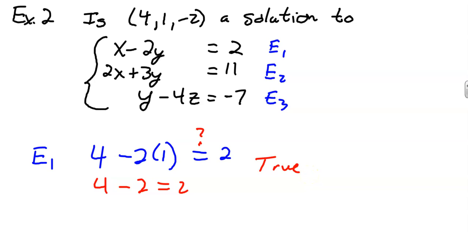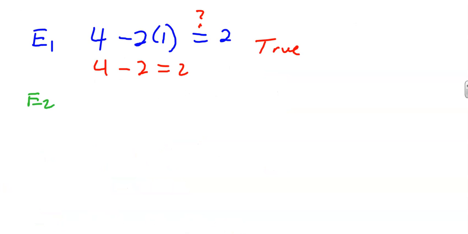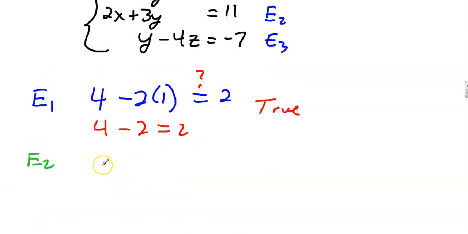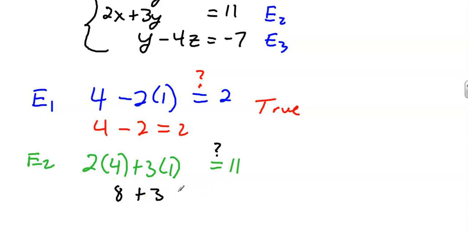Okay, check it for equation 2. That's going to be 2 times 4 plus 3 times 1. Does that equal 11? Yes, 8 plus 3 does equal 11, so that one's also true.